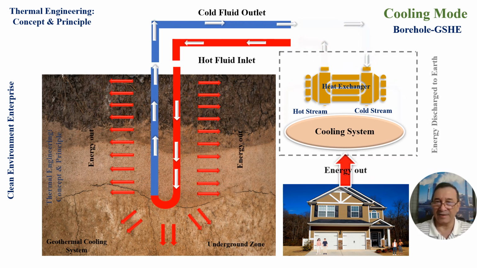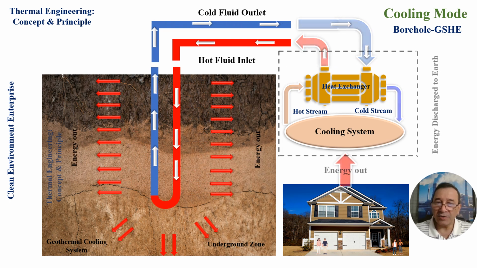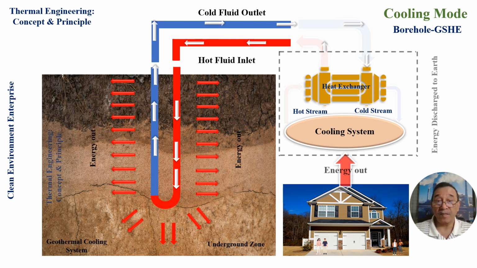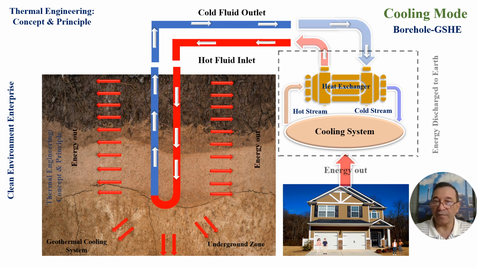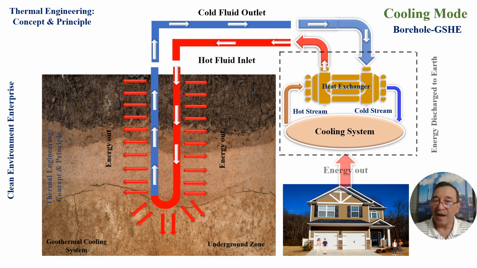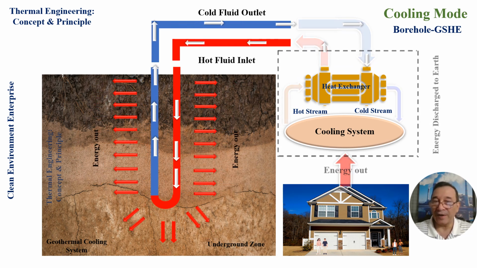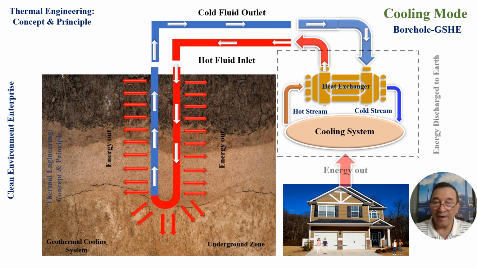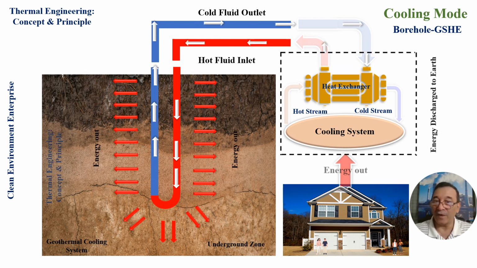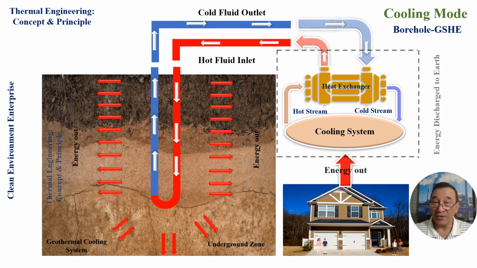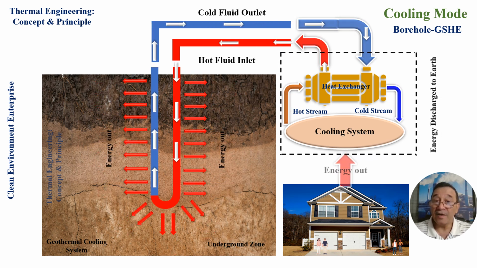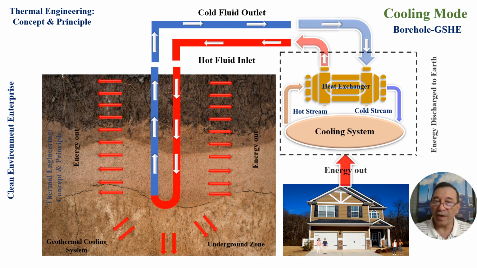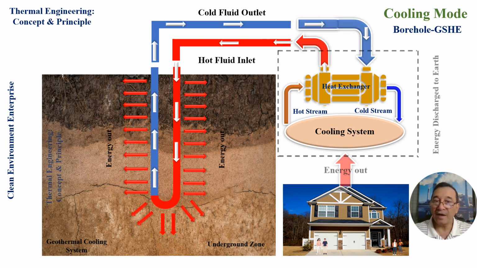In that system, a hot stream is coming from, for example, the space, passing through this heat exchanger, cooled down, and then the cooled stream returns back to the space for cooling purposes.